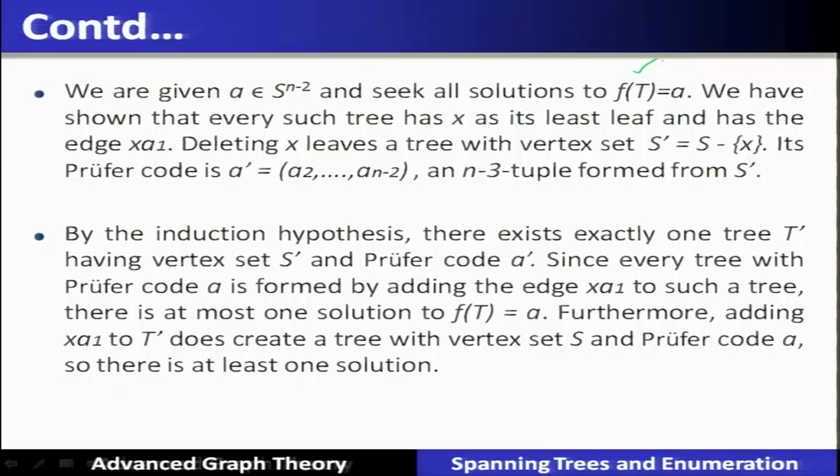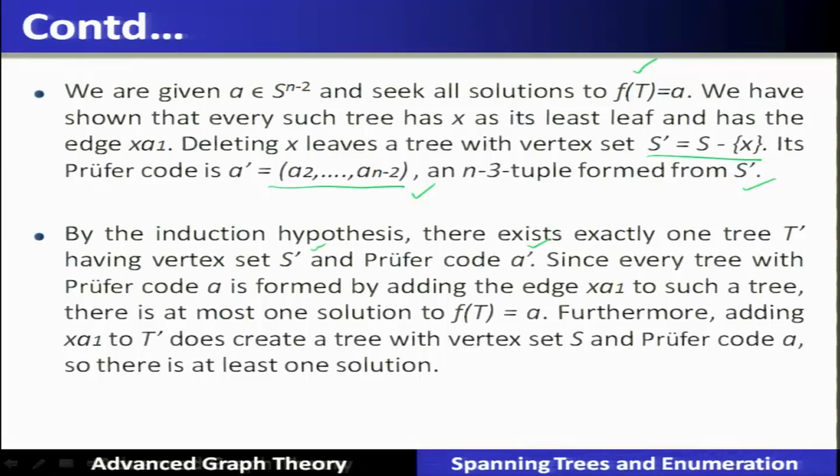Deleting x leaves a tree with the vertex set S prime, and its Prüfer code is A prime, A2 to A n minus 2, an n minus 3 tuple formed from S prime, and so on. So, by the induction hypothesis, there exists exactly one tree T prime having the vertex set S prime and having the Prüfer code A prime.